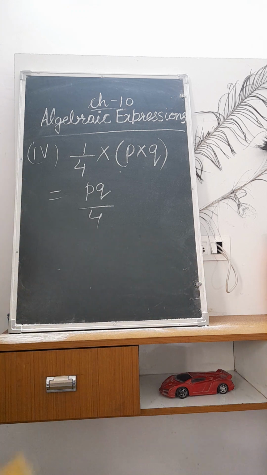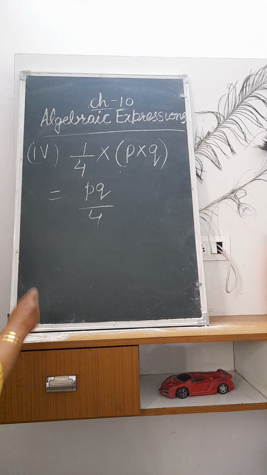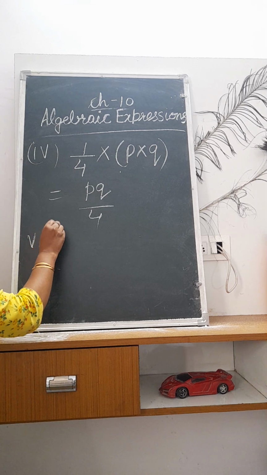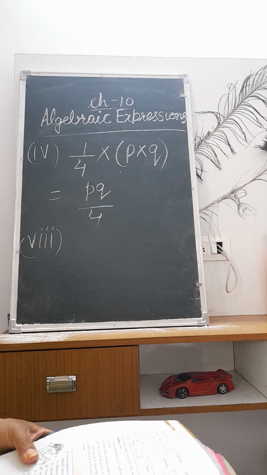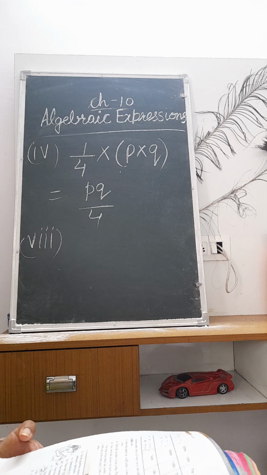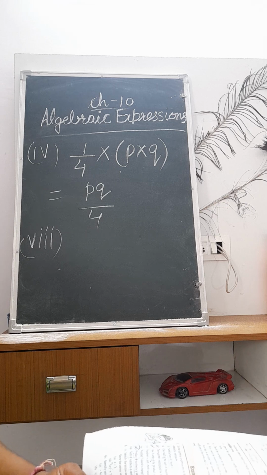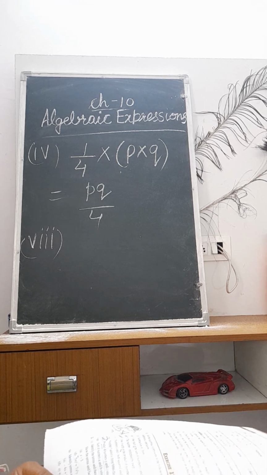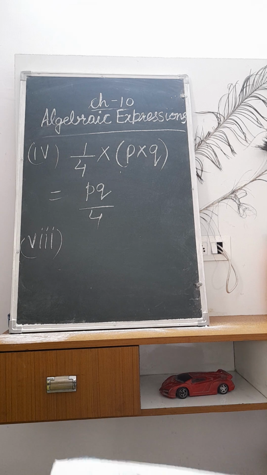Now one more part, the last part. The other parts you can try by yourself. If you have any doubts, you can ask. The last part says: sum of numbers a and b subtracted from their product.